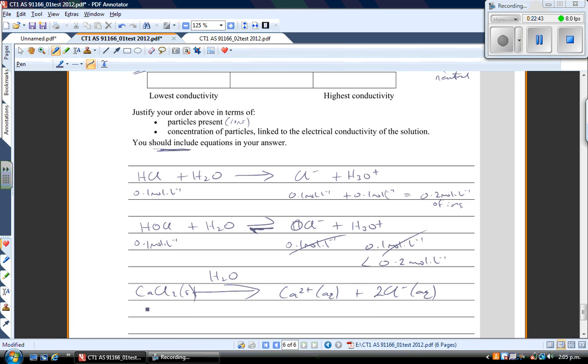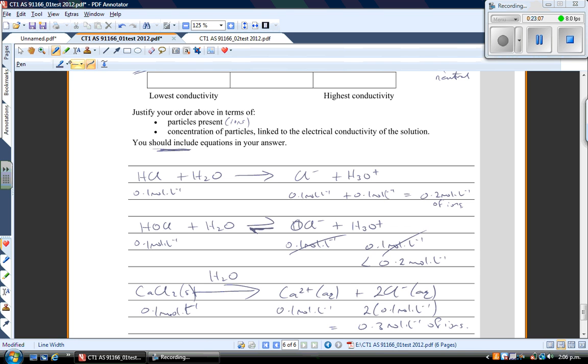So the key point here is that if you start off with 0.1 mole per liter of calcium chloride, and it fully dissociates, you're going to get 0.1 moles per liter of Ca2+ ions, and 2 times that concentration of chloride ions. So in total you get 0.3 moles per liter of ions.